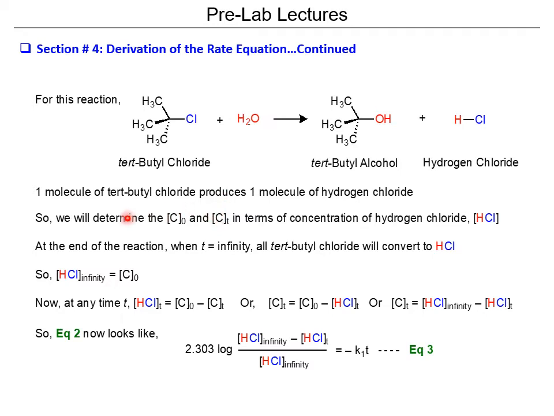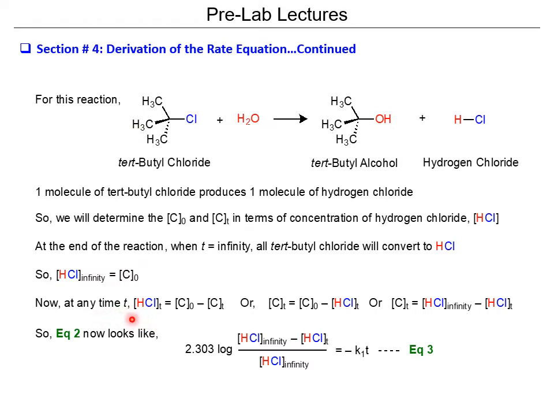We will determine what the initial concentration is and the concentration with time in terms of the concentration of this hydrogen chloride. At the end, when the time is infinity, meaning the reaction is over, all the tert-butyl chloride will convert to HCl. So the concentration of HCl at infinity is equal to the initial concentration of the substrate, right?